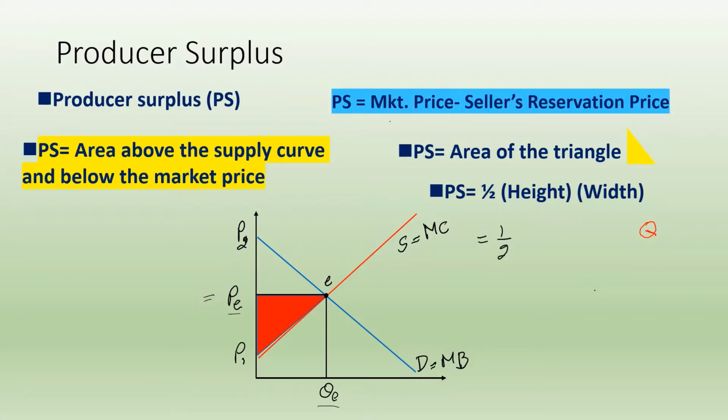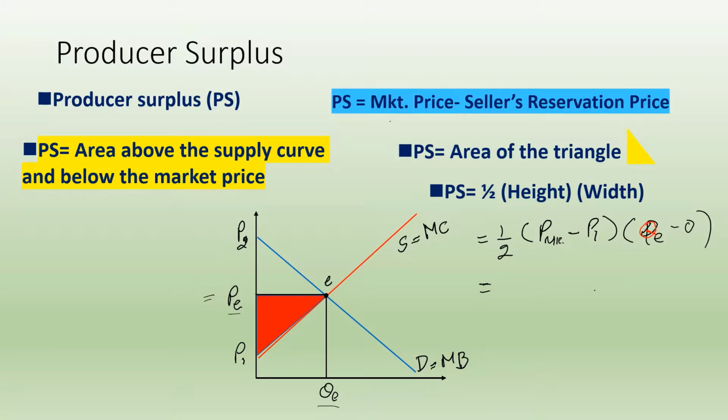The height of this right angle triangle is PE, which is the market price, or PE minus P1, and the quantity, or the width, is equal to this portion, which is QE minus 0. We are not actually writing the minus 0 here, but just to explain it in a clearer way, I'm writing it here.